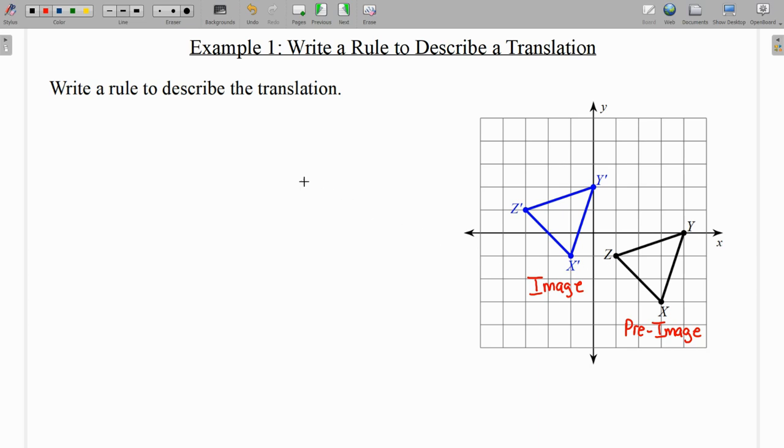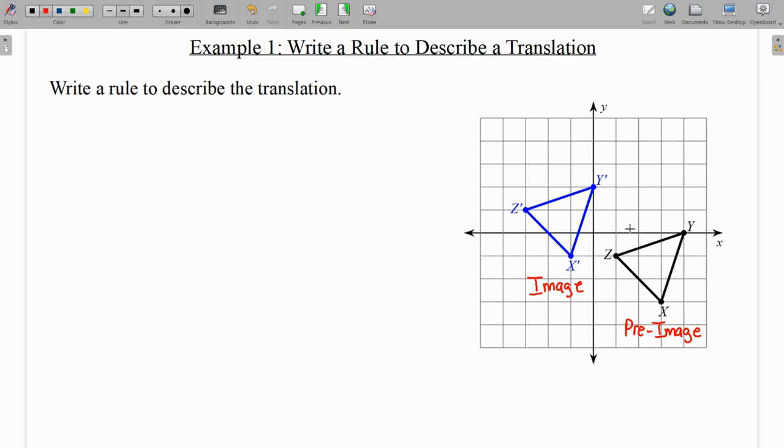Now, when we talk about this thing called a rule, all we're doing is telling how this figure here in black slid in the coordinate plane to make it to where it's at here in blue.